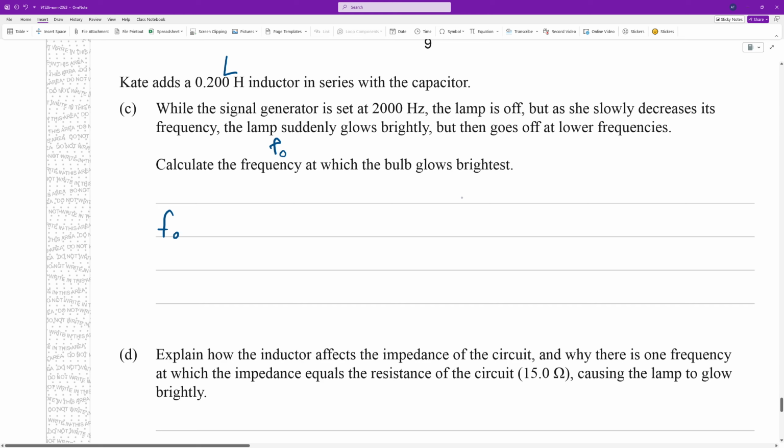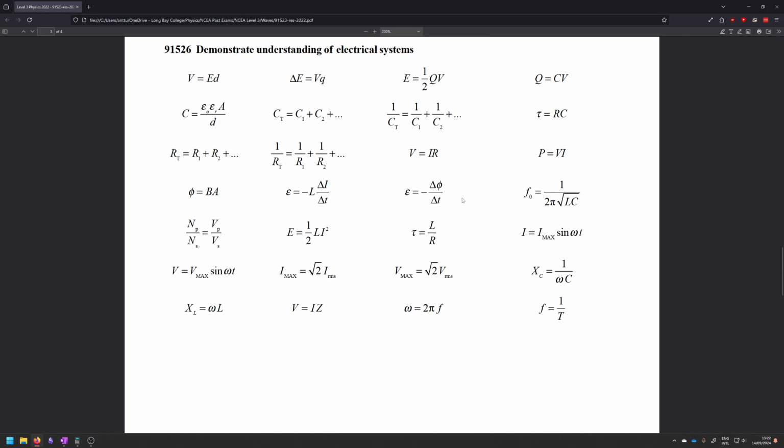And in case you forgot, the resonant frequency is when the inductive reactance equals the capacitive reactance. Right, so 2 pi FL equals 1 over 2 pi FC, and then you solve for F, and you get this expression here, this formula.